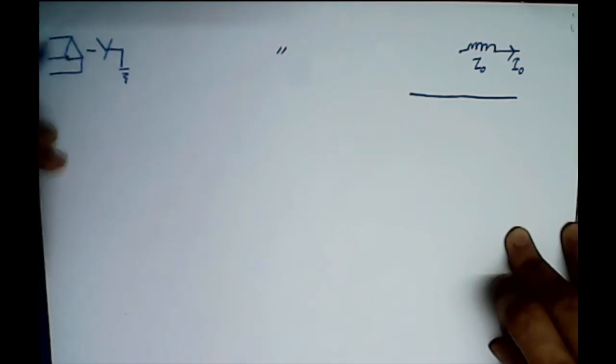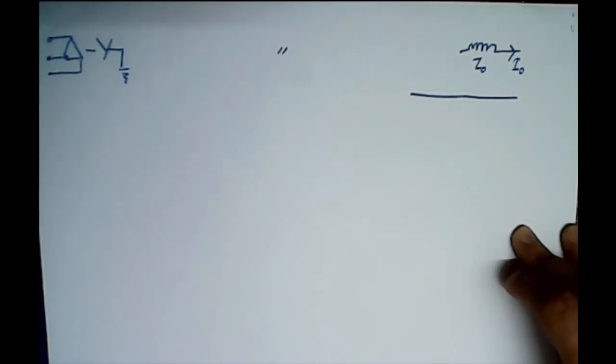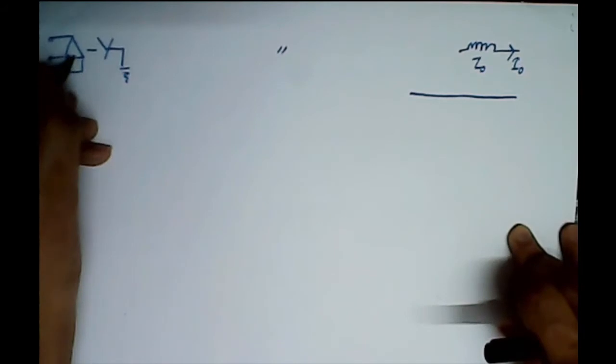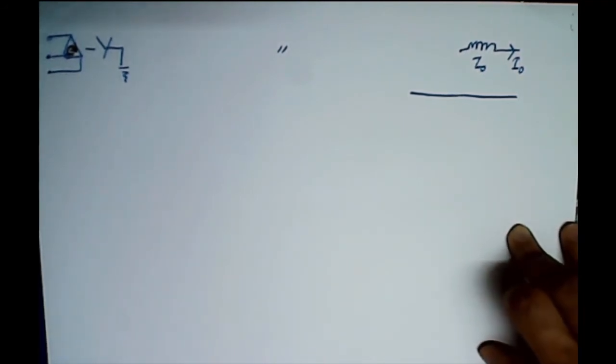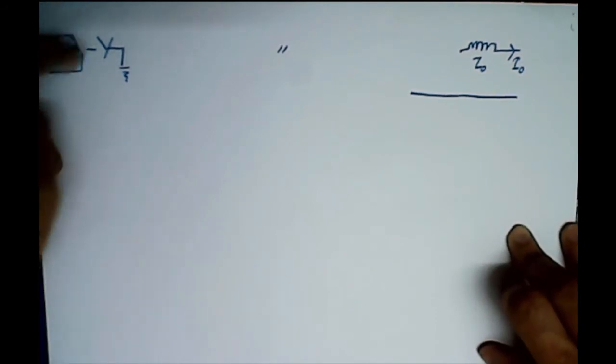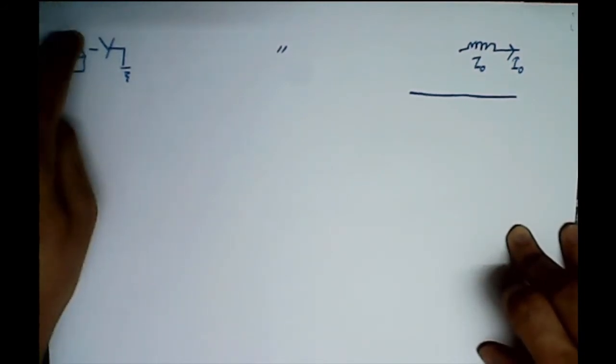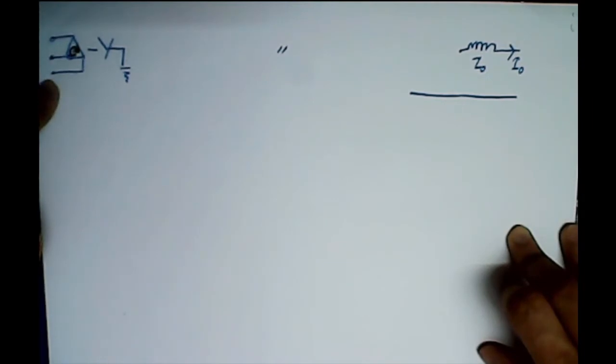Delta lines cannot carry the zero sequence current, but there can be a zero sequence current flowing within the delta windings. It will not go into the lines. I am repeating it: the delta winding can have a circulating zero sequence current within the delta. This current cannot flow into the lines.